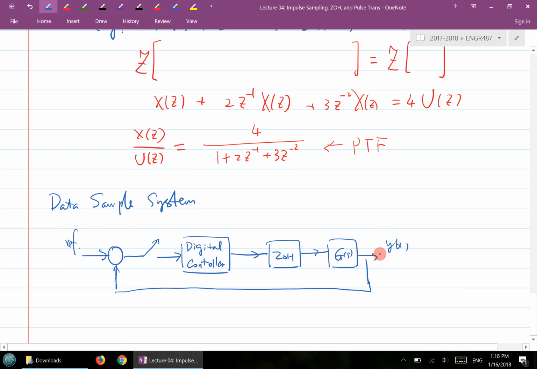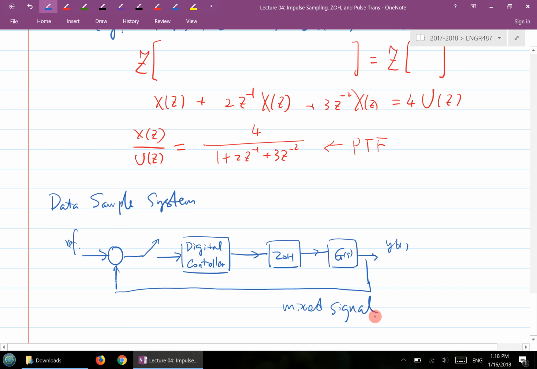The reason it is called a data sample system is that if you look at the signals at different locations, you can see this system contains a mixture of signals: here it's continuous, and here it's discrete. So there's a mix of signals.